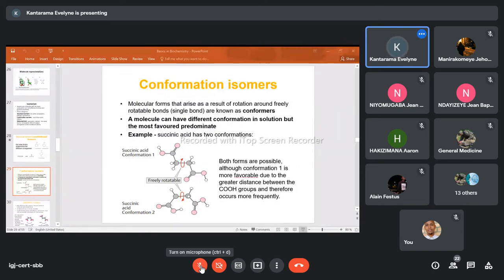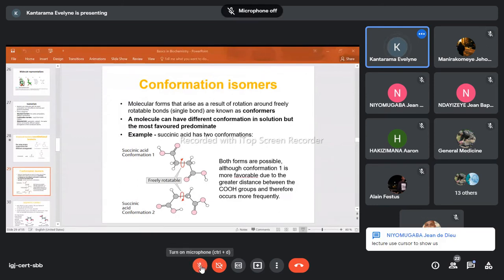It will not be stable because the interaction between these groups will cause this molecule to not be stable. But as this is away from this one, this is more stable compared to the one below. Is it clear? Okay.